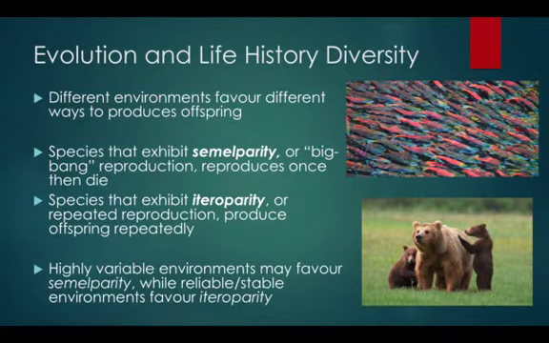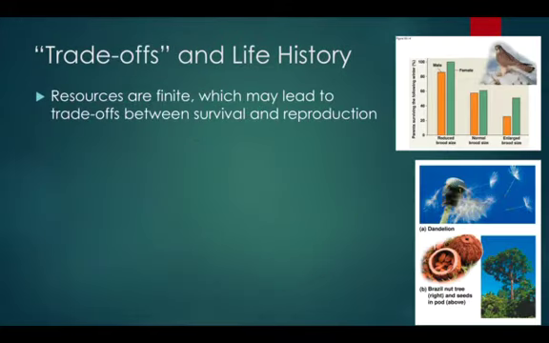Highly variable environments may favor semelparity, while reliable, stable environments favor iteroparity. So there's trade-offs in life history. Resources are finite, so there's only so many resources in an environment, which may lead to trade-offs between survival and reproduction.